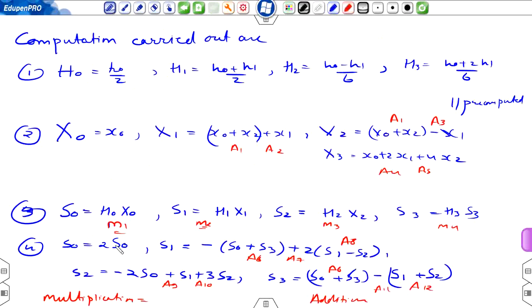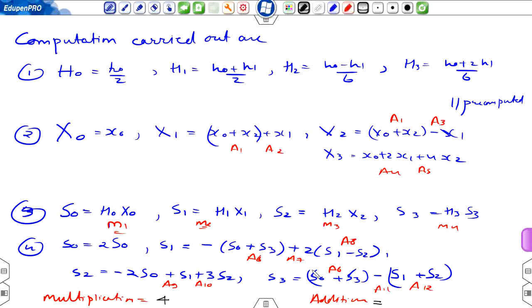So now if we see the total number of multiplications and additions required to implement this, the multiplications are m1, m2, m3 and m4. So a total of 4 multiplications are required. Talking about additions, this is a1, a2, this is same as a1, so we will not count it twice. This is a3, a4, a5, a6, a7, a8, a9, a10.